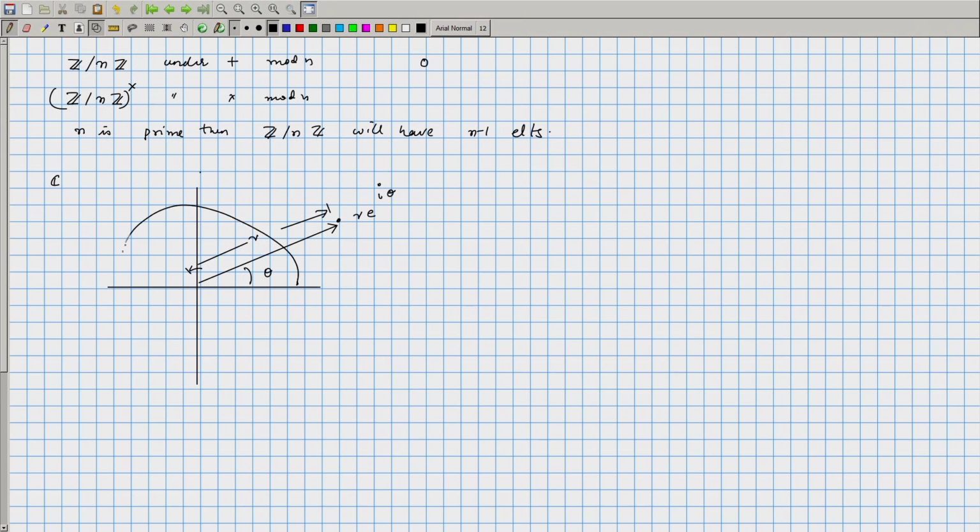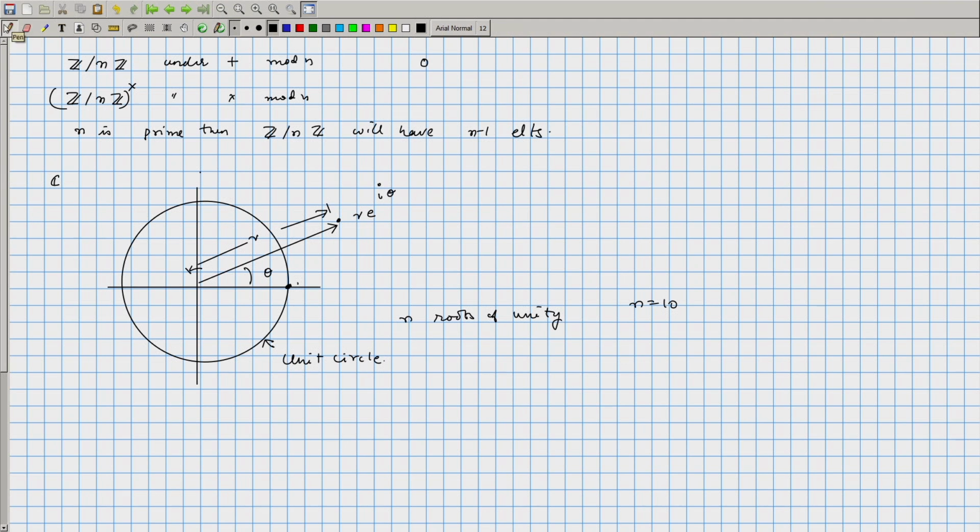Let us look at another example. Let us look at the unit circle and the n roots of unity. Let us say n is equal to 10. So consider the n roots of unity.